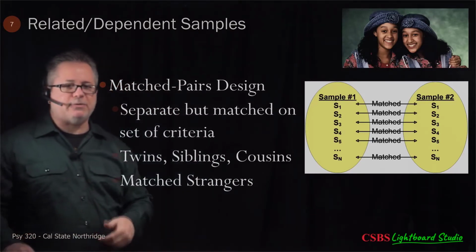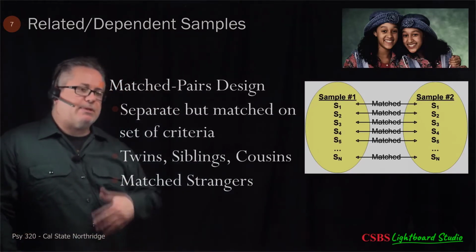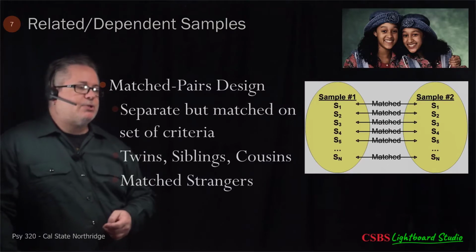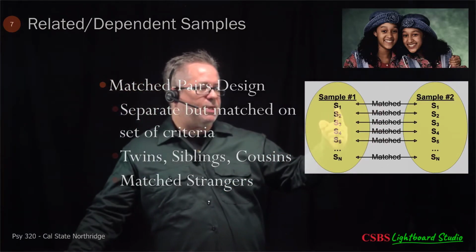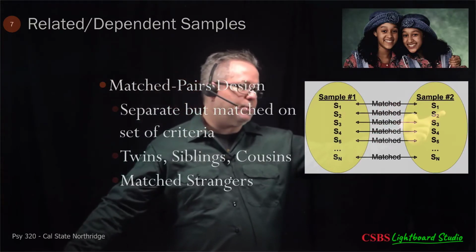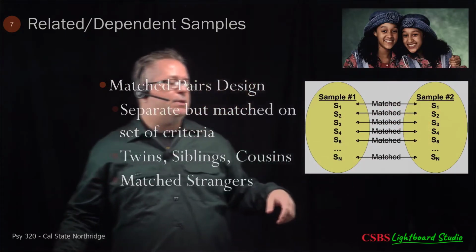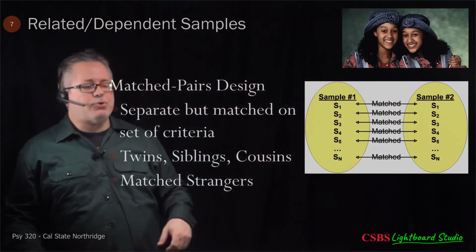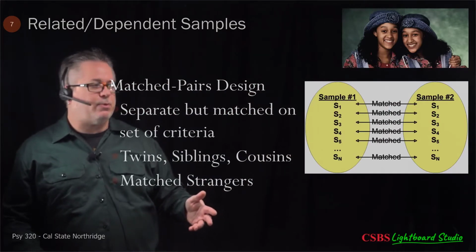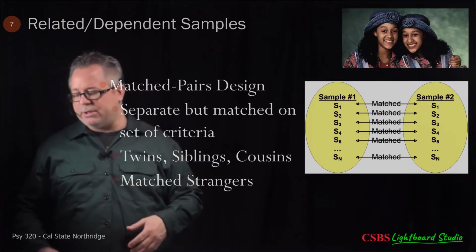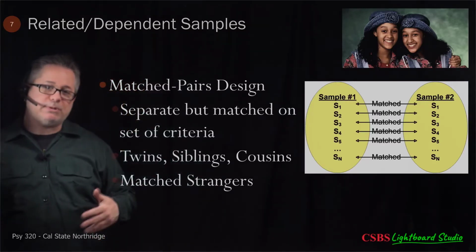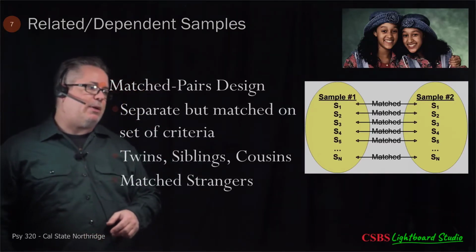They're going to be the same age, the same gender, and basically genetically identical. So if I assign one of the twins to sample 1 and the other twin to sample 2, I could give one sample a treatment and the other a placebo, and then compare the two groups, and it would address some of the issues we have with pre-post testing, which we'll talk about in a second.